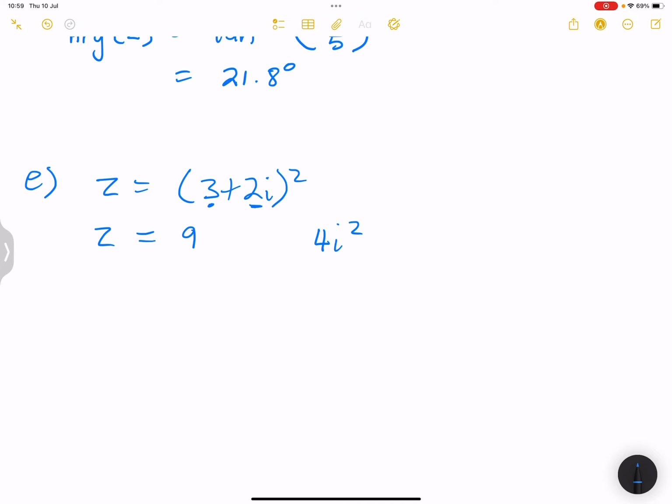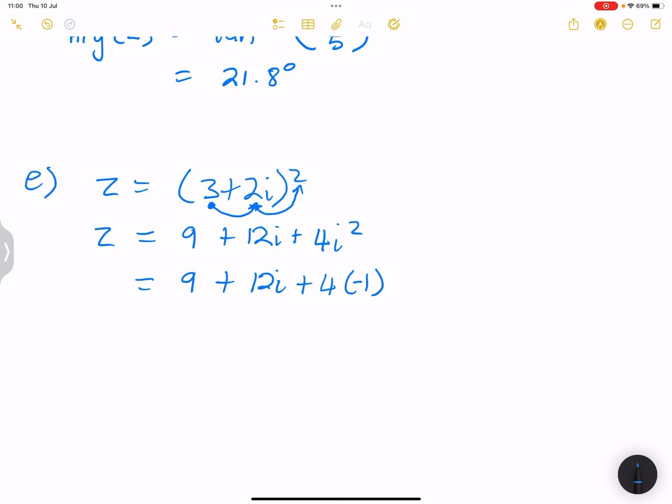But for the middle term, what do we do? This will be 3 multiplied by 2, so 3 times 2i gives us 6i, multiplied by 2, so that gives us 12i. And this is plus 4i squared. Let's simplify, ladies and gents. That's 9 plus 12i, and we remember that i squared gives us -1.